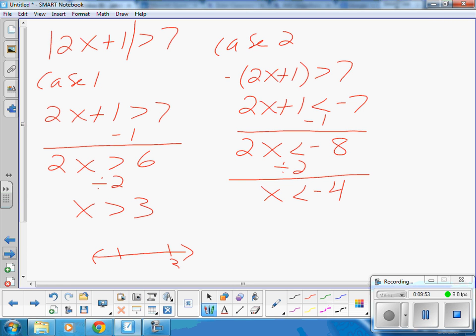Greater than 3, it's an open circle, arrow to the right. Less than a negative 4, that's an open circle at negative 4, arrow to the left.